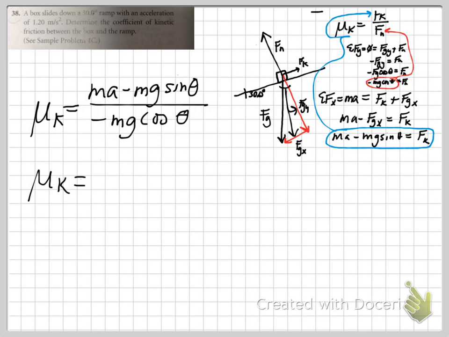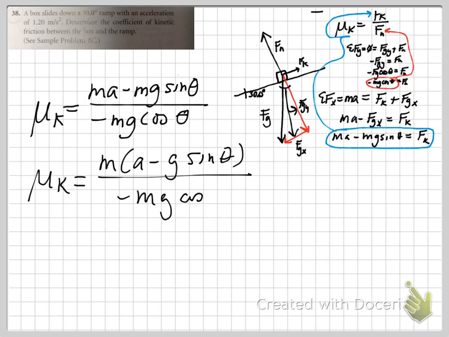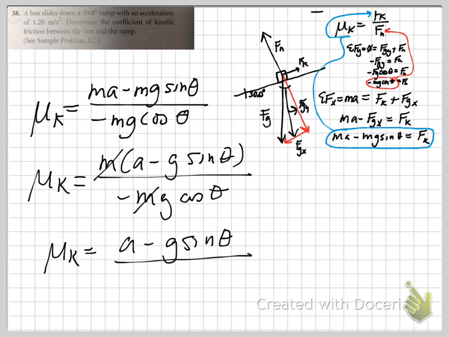Mu k equals a minus g sine theta over negative mg cosine theta. We can get rid of our m's. Mu k equals a minus g sine theta over g cosine theta.